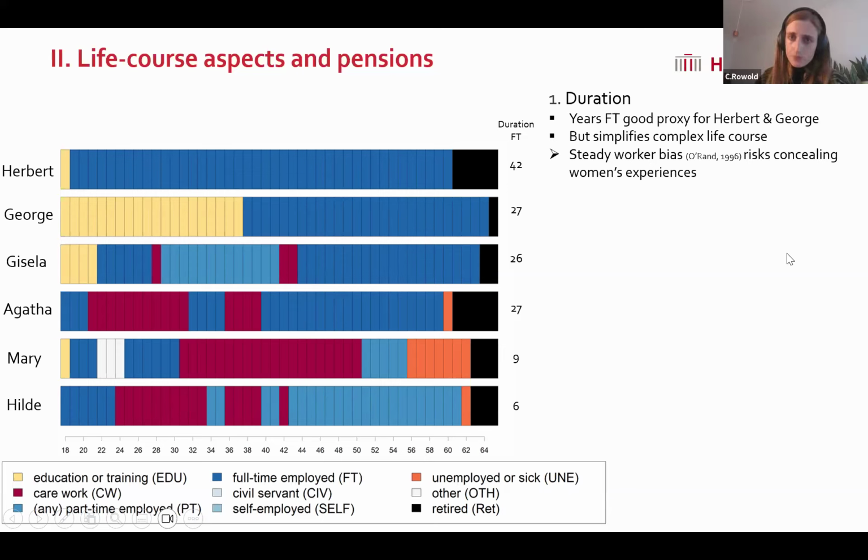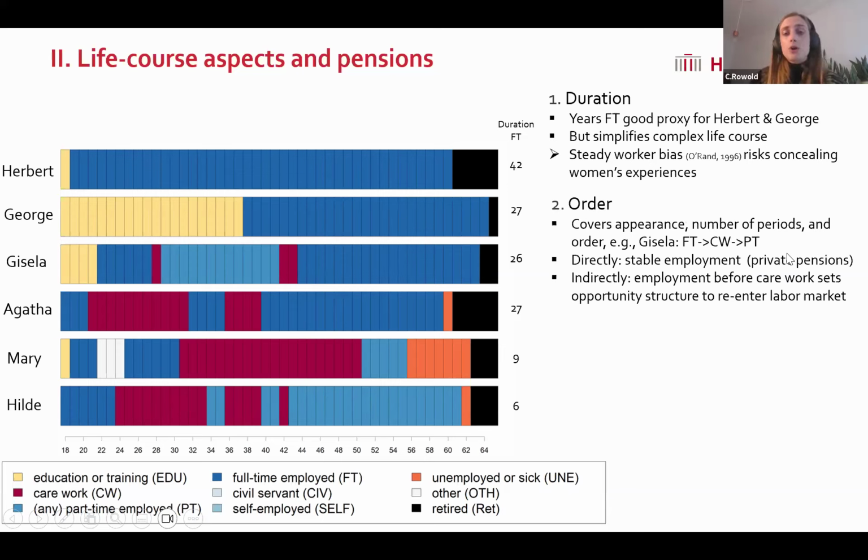So what might be important is to look also at the order of events. With order of events, I mean, for example, there's a pattern here that part-time employment, this light blue one, is always experienced directly after care work experiences.